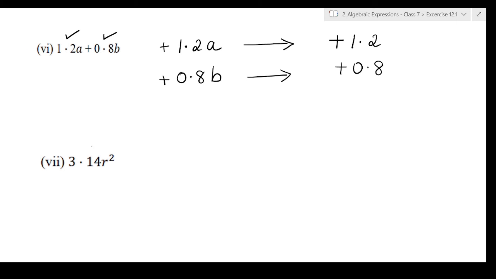So this is a one-term expression. The term is 3.14 r to the power 2. What is the numerical coefficient here? What is attached to the alphabet r square? You have 3.14. So that is the numerical coefficient.